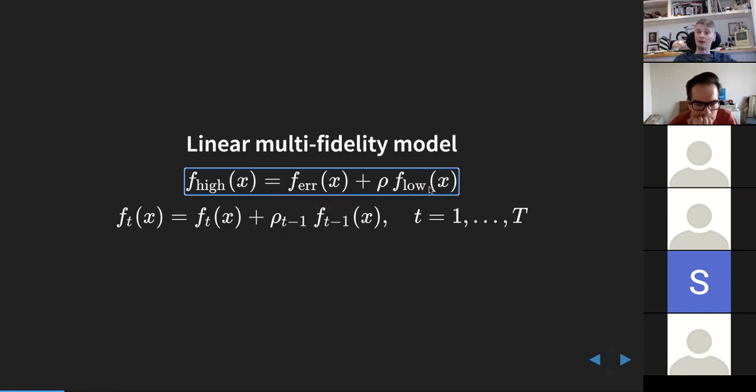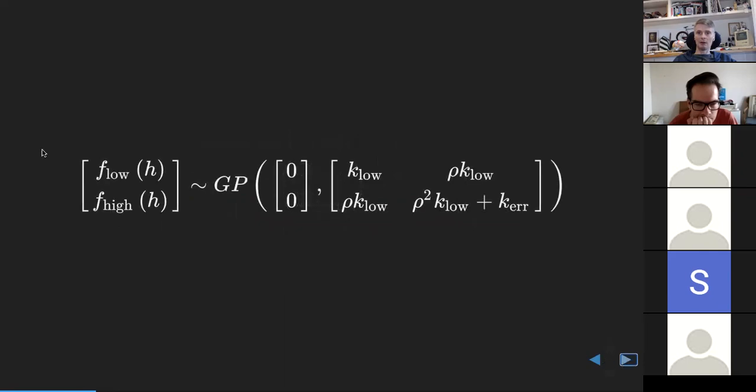That's going to be the covariance function for F low times rho squared. So in the lower right block, the covariance function for the high fidelity on its own is rho squared K low plus K error. If we were just looking at those two functions independently, that's just the covariance function we'd see.